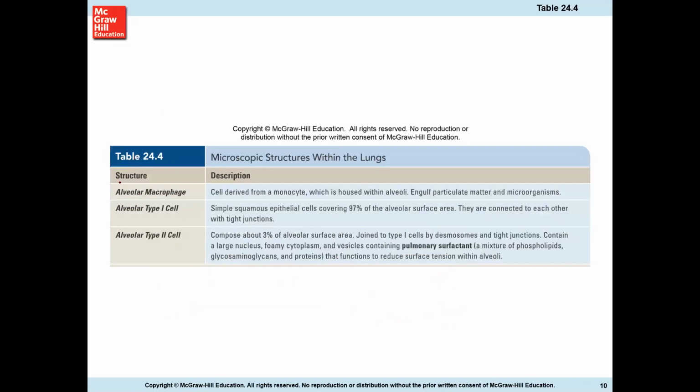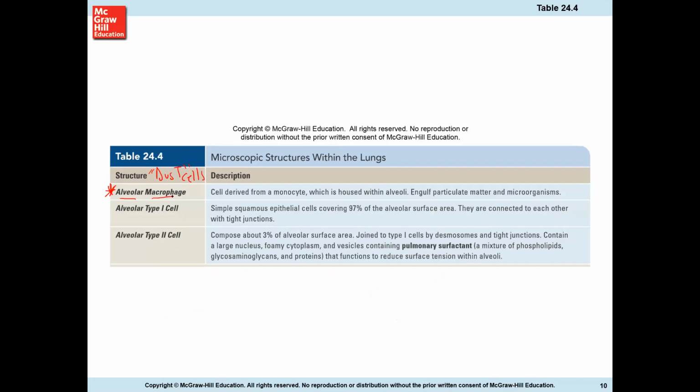Okay, here's some of the cells in the alveoli, and this is good for lecture, and I will ask you as well. You have these macrophages in the alveolar sacs. I like to call these dust cells. And they're a second line of defense, right?